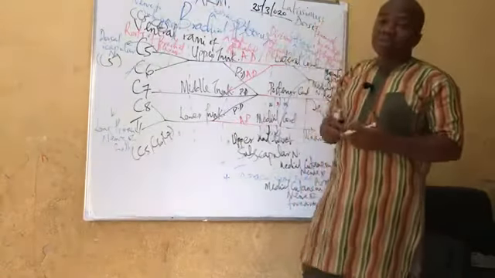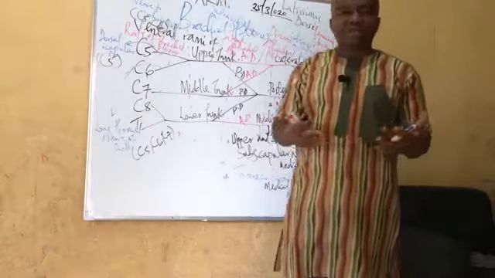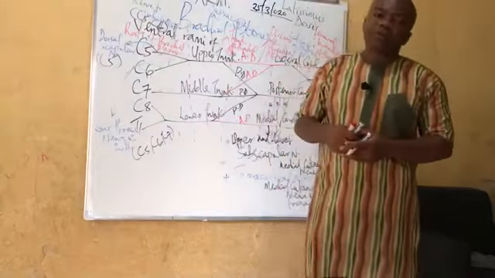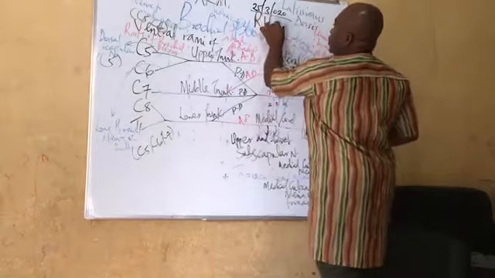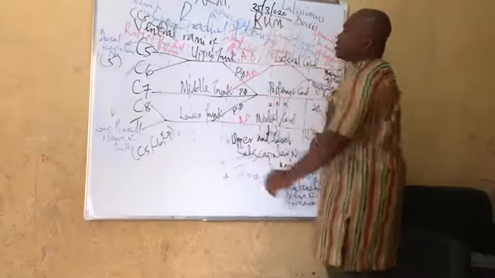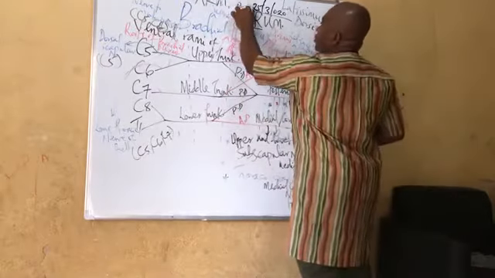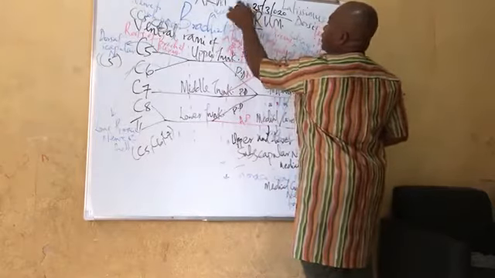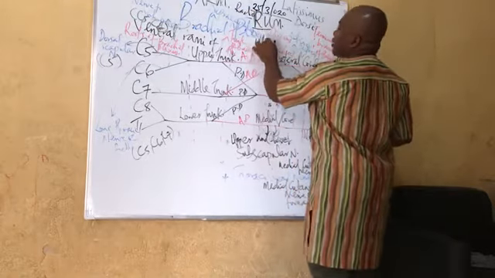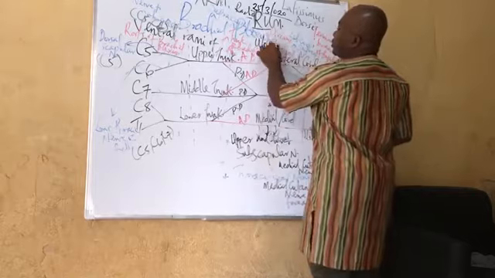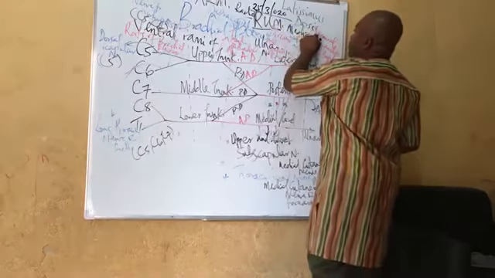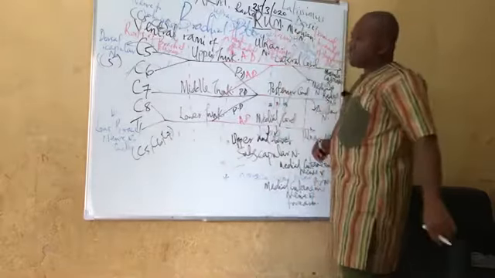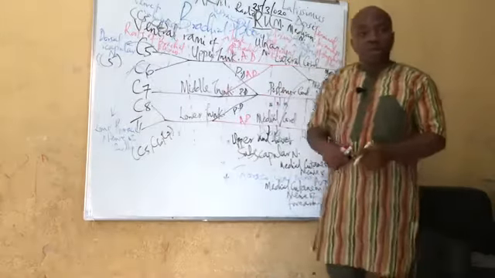Then for the nerves that innervate the forearm, you just use the mnemonic RUM. R stands for radial nerve, U stands for ulnar nerve, while M stands for median nerve. So that is for the innervation of the forearm.